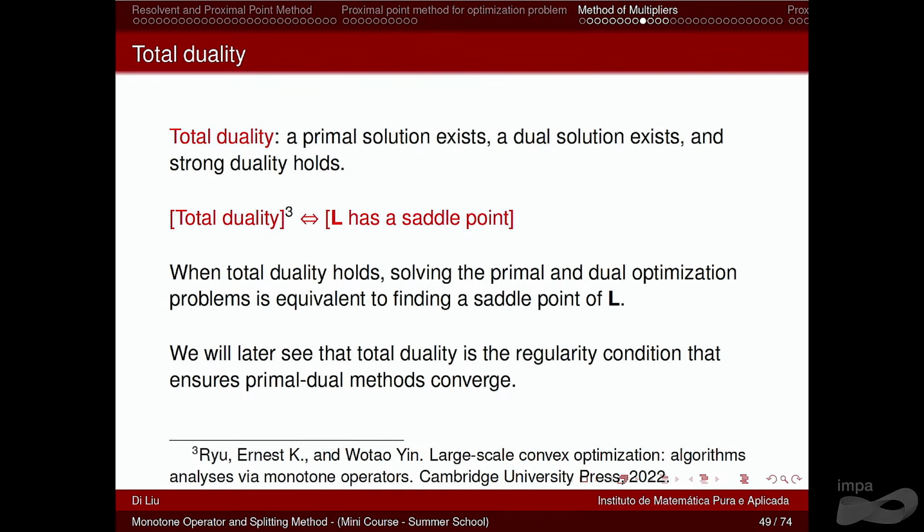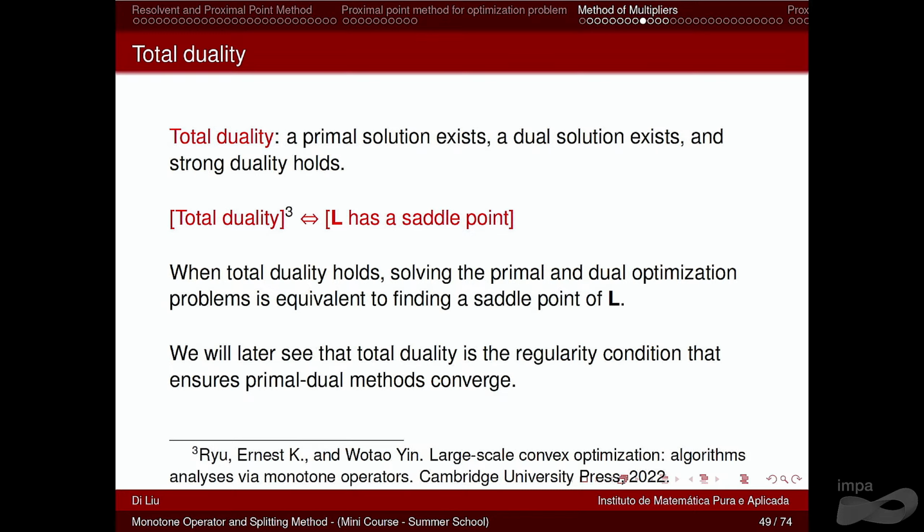So what is total duality? Total duality means the primal solution exists, P star, the dual solution exists, D star, and strong duality holds, P star equals D star. And we can check that if L has a saddle point, then total duality holds. It's also another statement of the classical saddle point theorem.